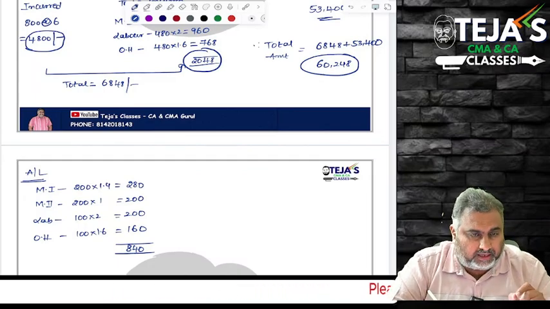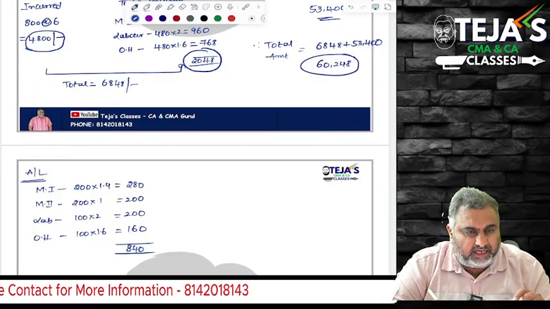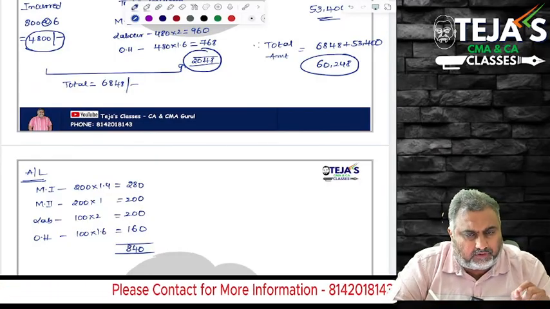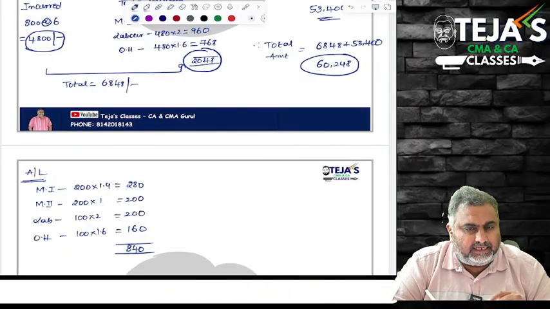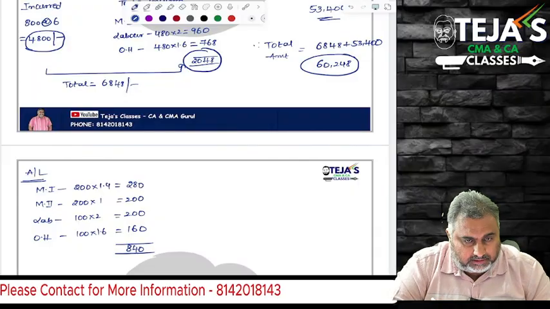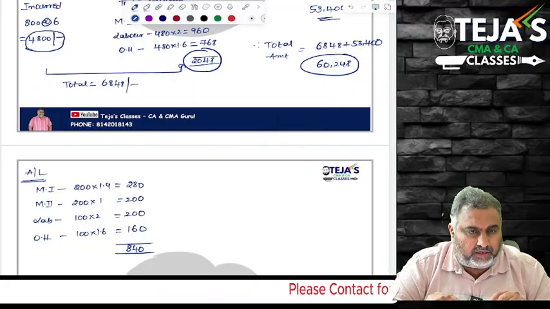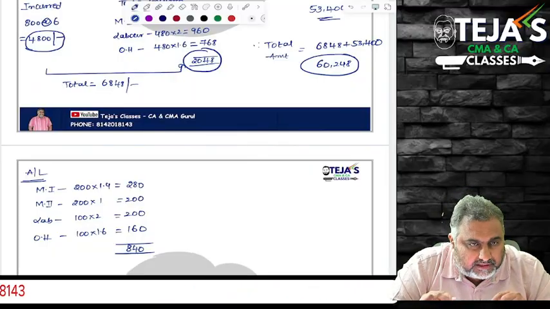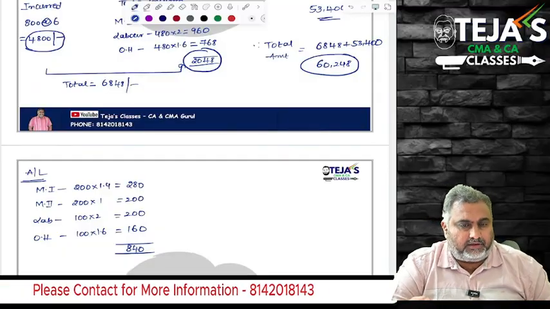If degree of completion was not given, abnormal loss should be multiplied with cost per unit only. We did the same thing here, but why did we get a different amount? Because from the cost per unit point of view, to multiply we have degree of completion. That's the reason. Got it?